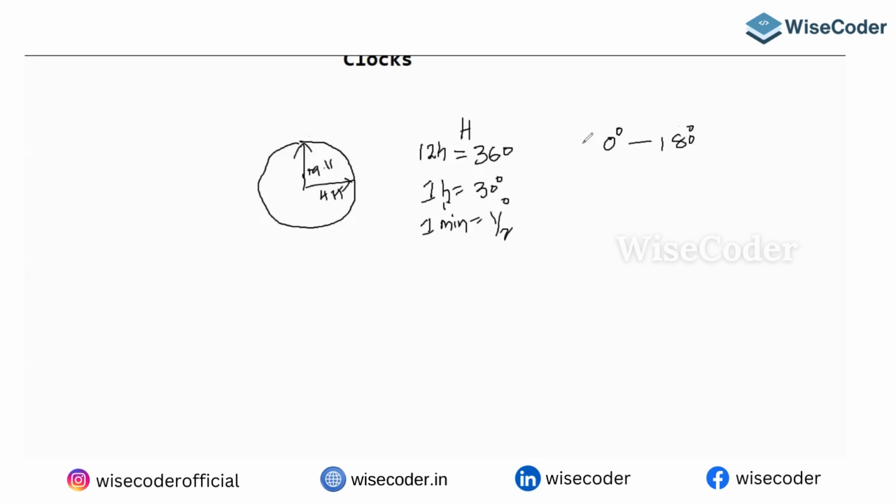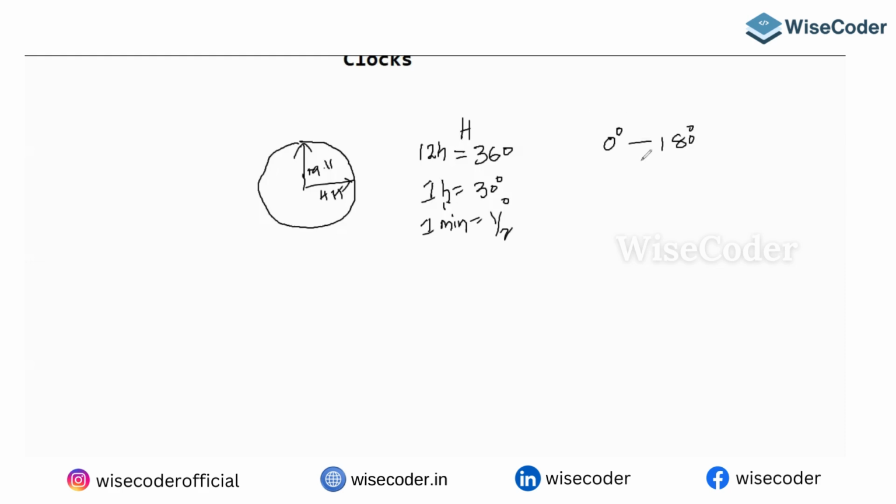If the time shown by the clock is known, the angle between the hands can be calculated. Similarly, if the angle between the two hands is known, then the time shown by the clock can also be found out.